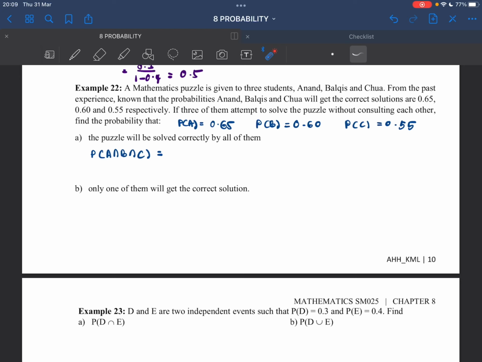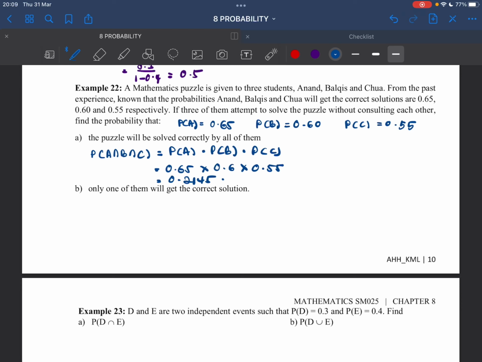The same thing applies to Balkis and Chua, because the question said without consulting each other. So this is an independent event, so we just multiply everything together. P(A) multiplied by P(B) multiplied by P(C), which is 0.65 times 0.6 times 0.55, and that will be 0.2145.